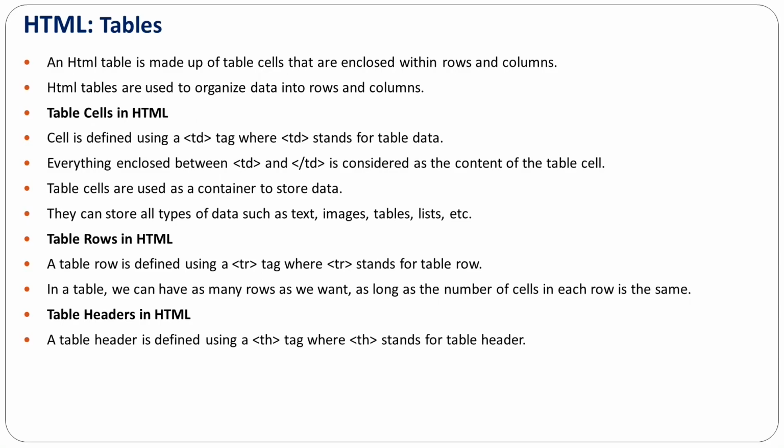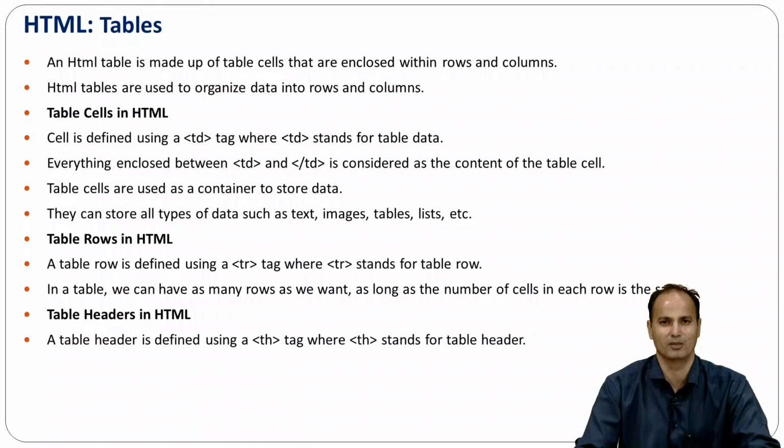So what is a table? Simply, we can define a table as nothing but a collection of rows and columns. Whenever we want to display content, either numerical or non-numerical data, we can generally prefer a table to display such content in a web page.